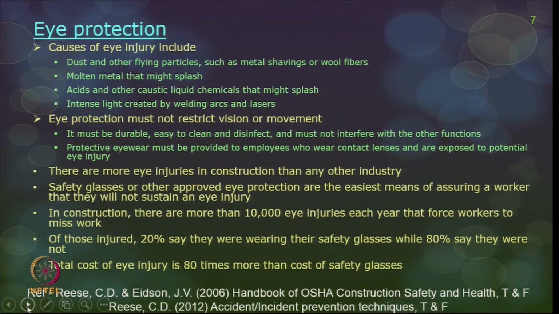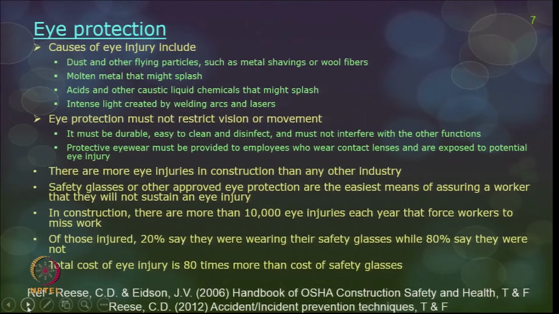Okay. So, if you see here, there are many more eye injuries reported in construction than in any other industry, especially because of welding and other related operations, welding and laser operations. Almost 10,000 eye injuries are reported each year, that is what one of the statistics says.